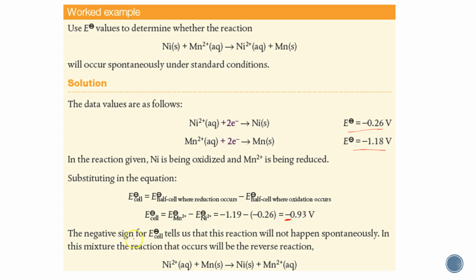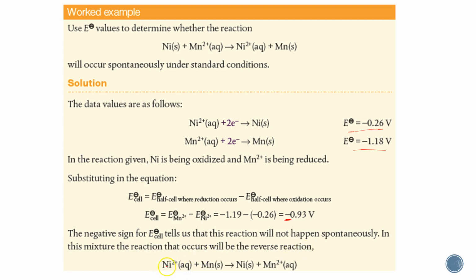Because of the negative sign, it tells us this reaction won't happen spontaneously. We're not going to get nickel 2+ being oxidized and manganese being reduced. So in the mixture, the reaction that will occur will be the reverse reaction.